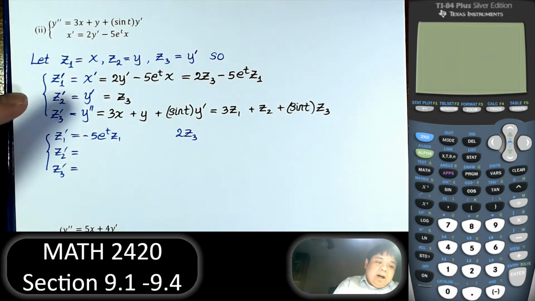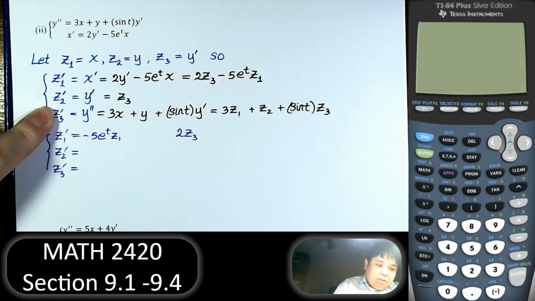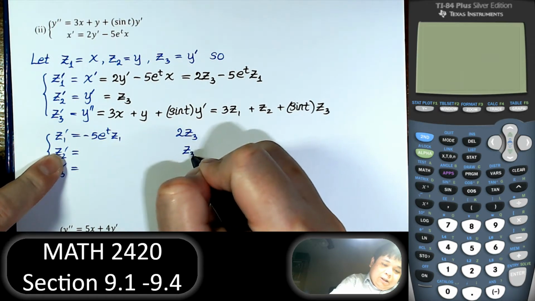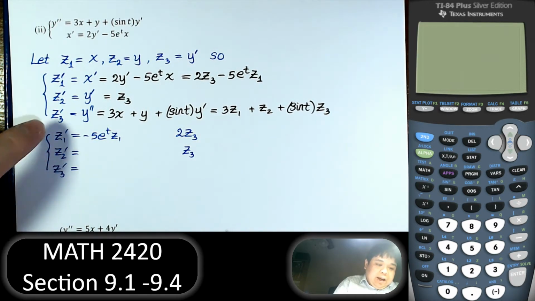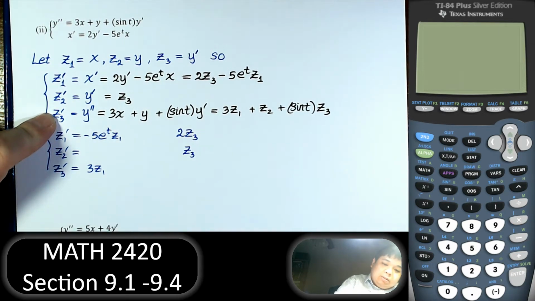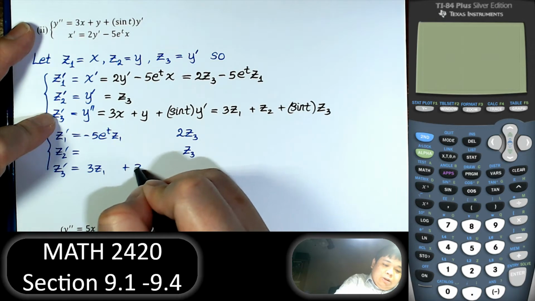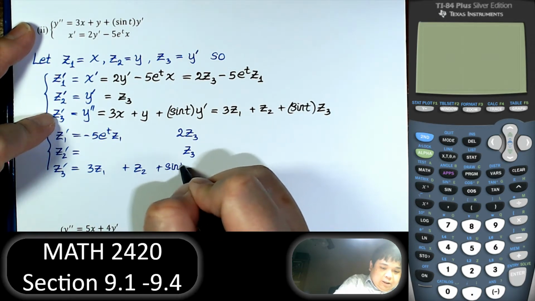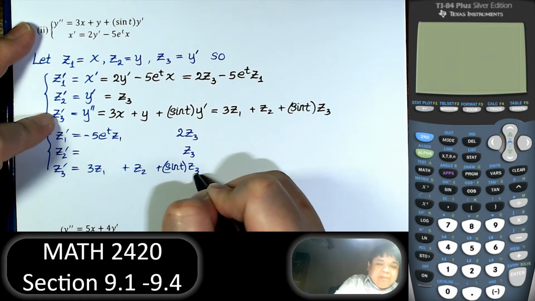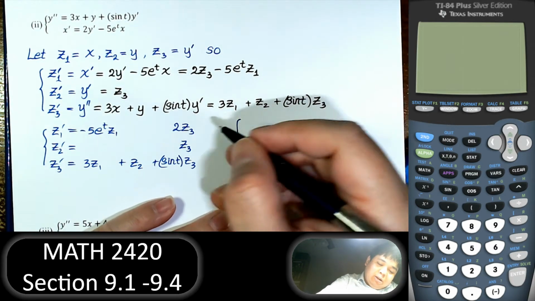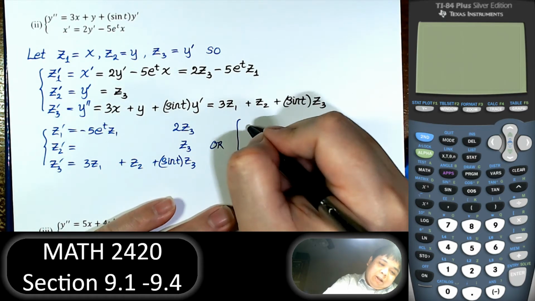Right, z2 prime, that's just z3. And then z3 prime, we have 3z1, a z2, and then sine t z3. When we write like that, we can write it as a system, as the matrix equation.